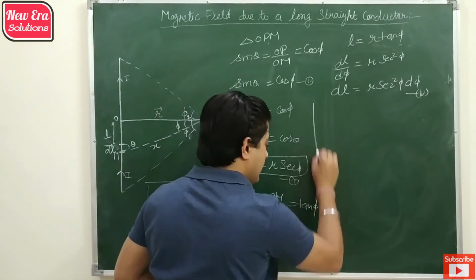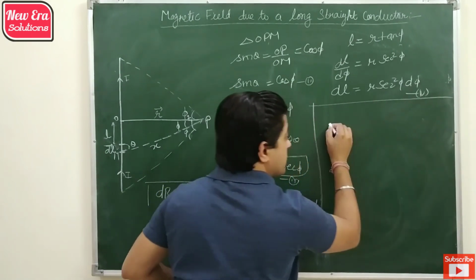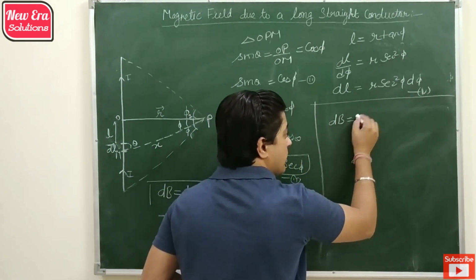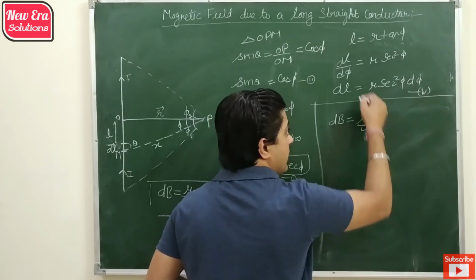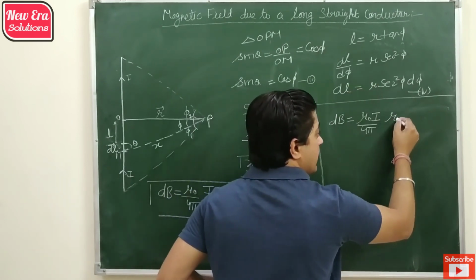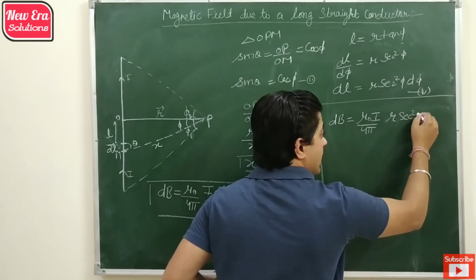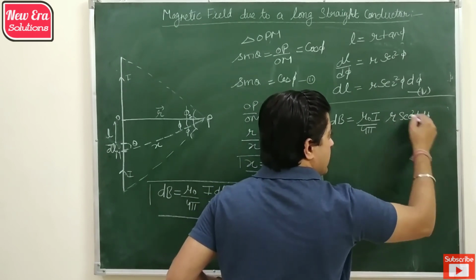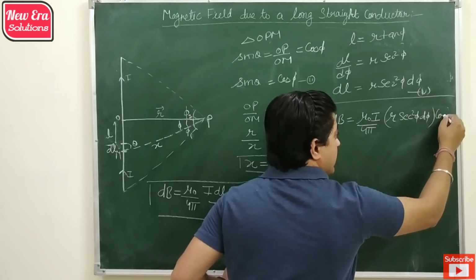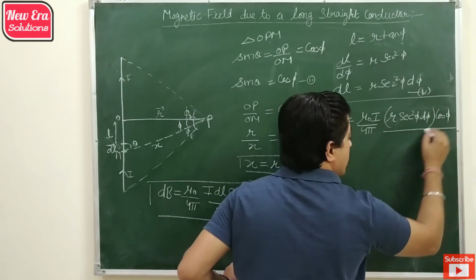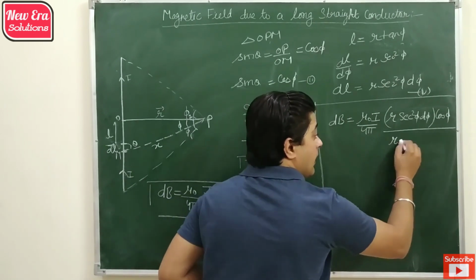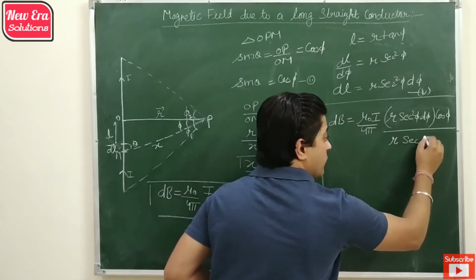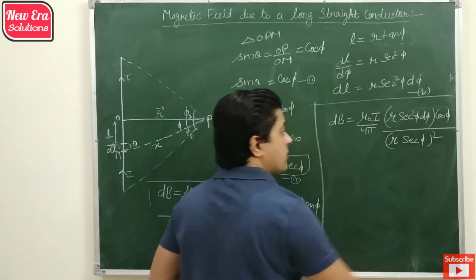So we get the new form of Biot-Savart. dB is equal to mu naught I by 4 pi, the value of dl, r sec square phi d phi, then the replacement of sin theta, which is cos phi, upon the value of x, that is r sec phi, whole square.